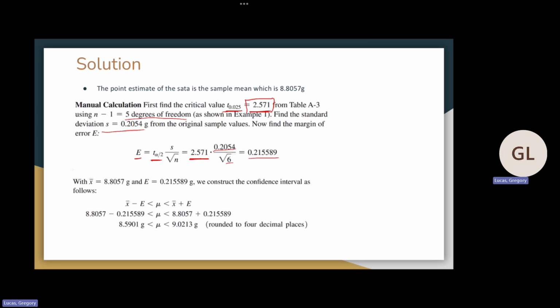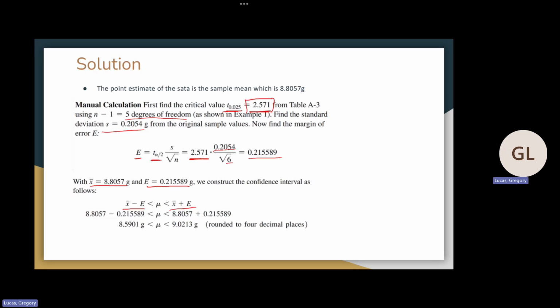So now we have everything we need now that we know E. We know our sample mean, and we now have our margin of error. Once you know the mean and margin of error, the confidence interval is just the mean minus the margin of error, and the mean plus the margin of error.